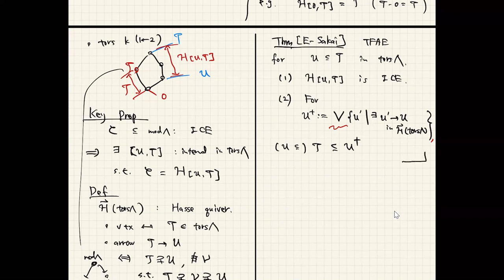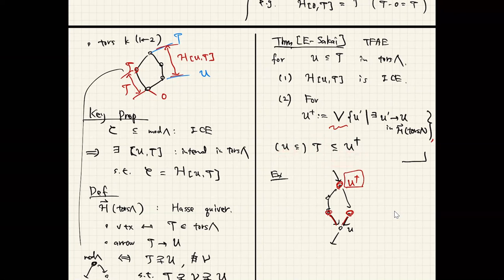So maybe we should look at some examples. If this is U and there are two arrows ending at U, then maybe this is just a local picture. Then U^+ is this. It's the join of these two, and the join of these two is this. So this is U^+. And the second condition says that this T is between this U and U^+.